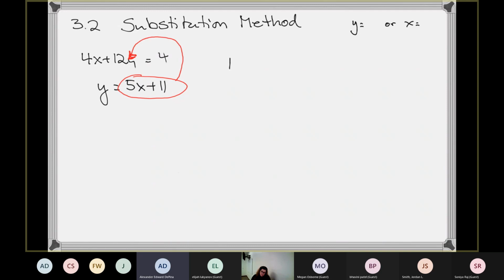So that brings us to the equation 4x plus 12y, and y is now 5x plus 11, so I replace the y with 5x plus 11, and that is equal, continuing with the first equation, to 4.